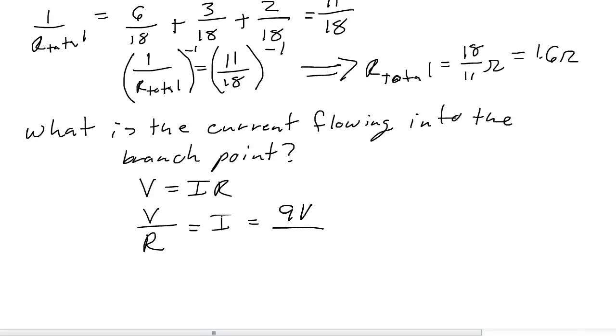And it's the same throughout because we're talking about a parallel circuit. And I found my resistance up here, 1.6 ohms, or 18 over 11 if you want to be really precise. And if you use 18 over 11 and not 1.6, you'll get a more precise number, 5.5 amps. So the current flowing into the branch points is 5.5 amps.